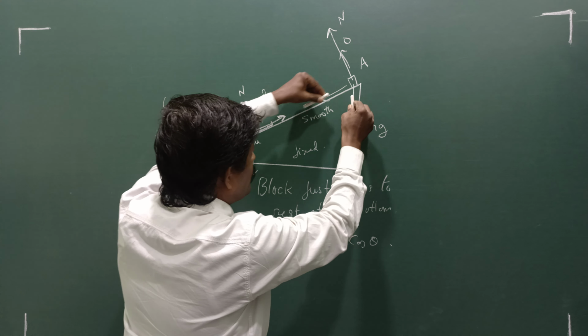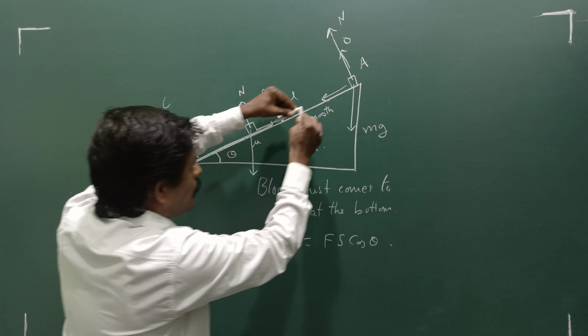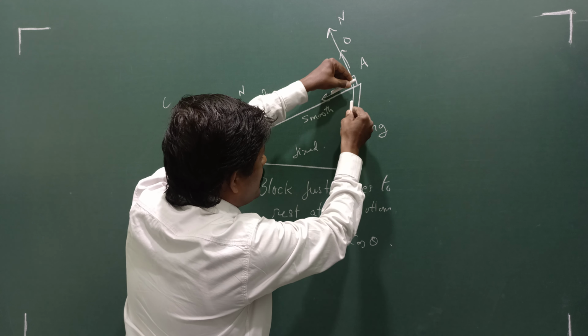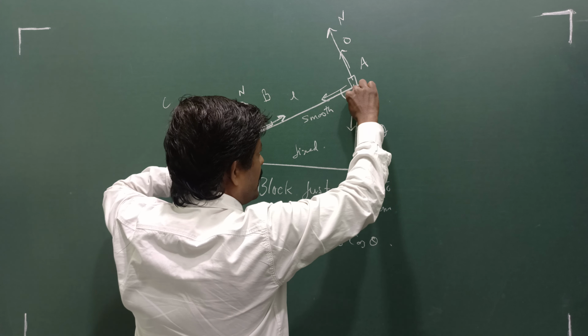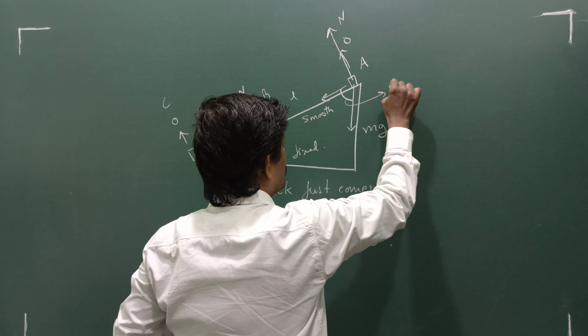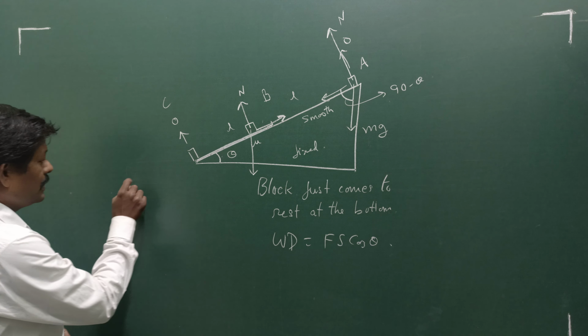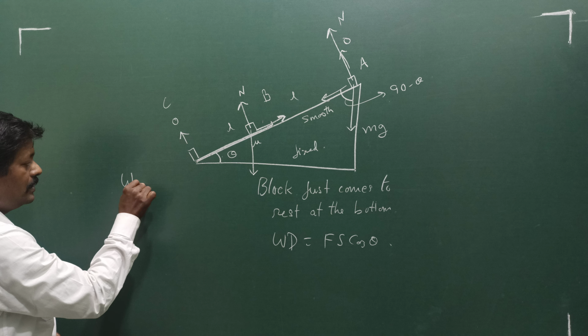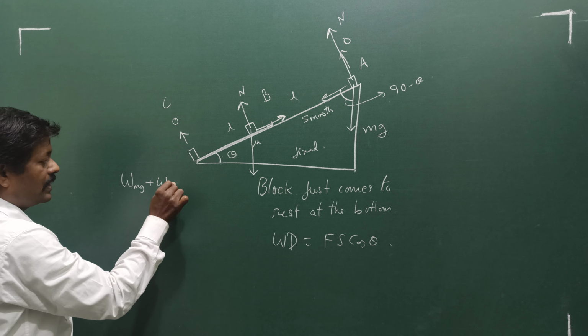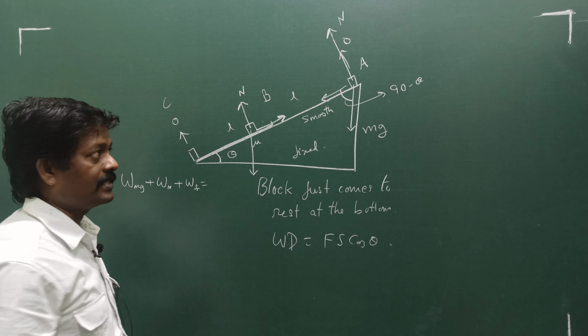So mg into S is 2L into cos of the angle between mg and L. This is the cos of the angle. This angle is, if this is theta, this will be 90 minus theta. So what is the work? Let me write here. Work done by mg plus work done by normal reaction plus work done by friction equal to change in the kinetic energy.